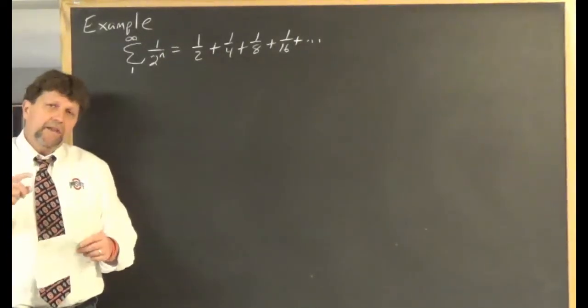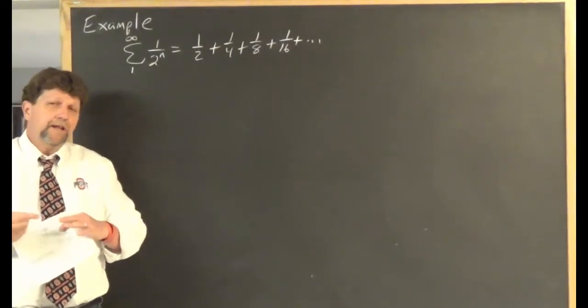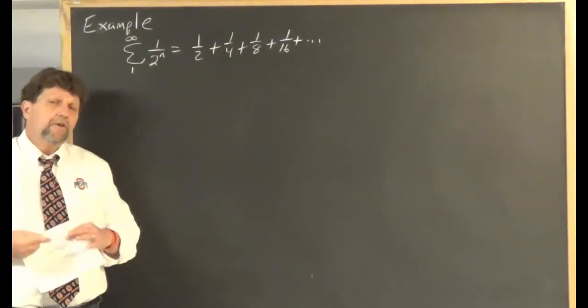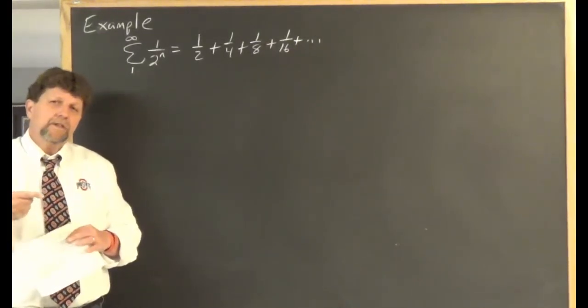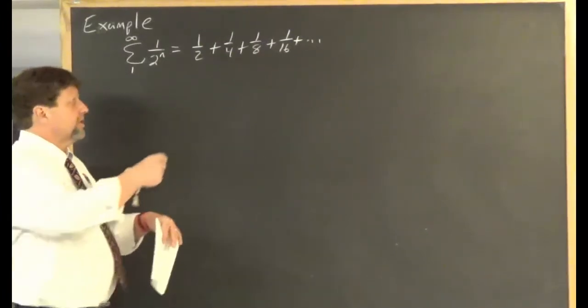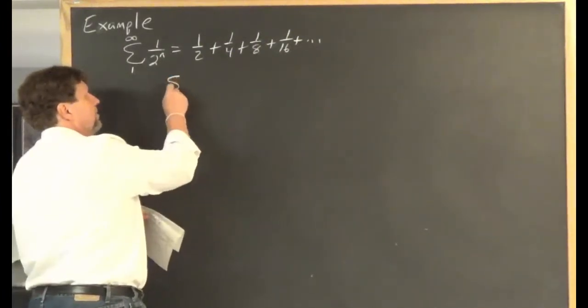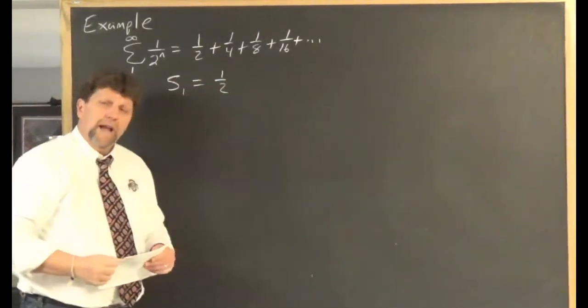But right now, the only thing we can really do in trying to figure out whether or not this series converges or diverges is look at a sequence of partial sums. So I'm just going to start writing down partial sums. The first partial sum is just the first term, 1/2.